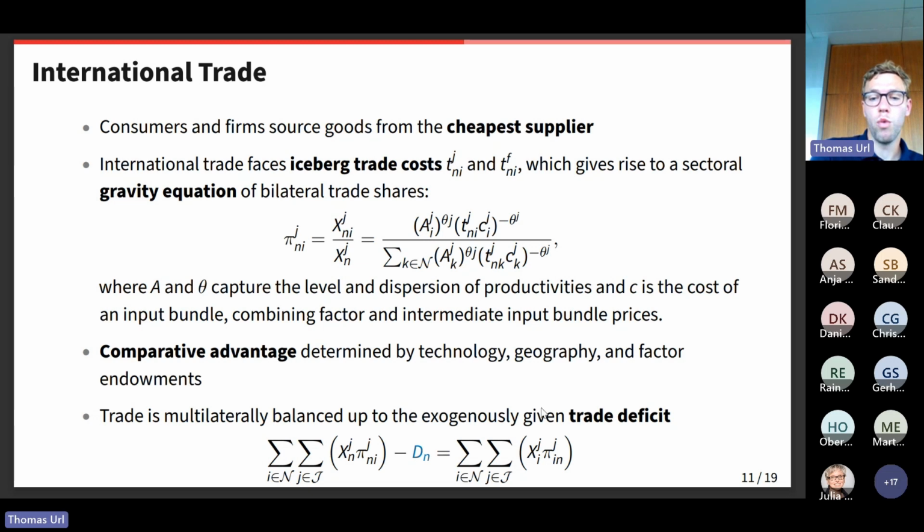So the amount we sell is not necessarily the same amount as we buy, because it's decoupled by the so-called trade deficit D. And this D is something we take away in the model. So we limit the ability: the country is not allowed to buy more than it sells to all others.